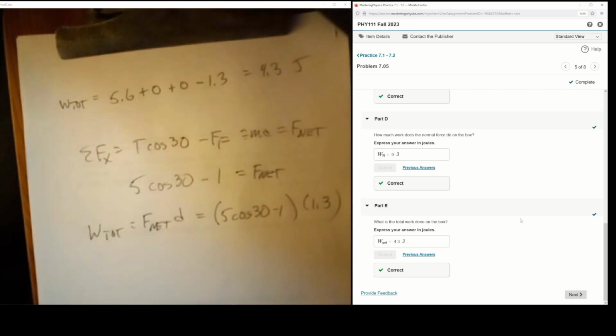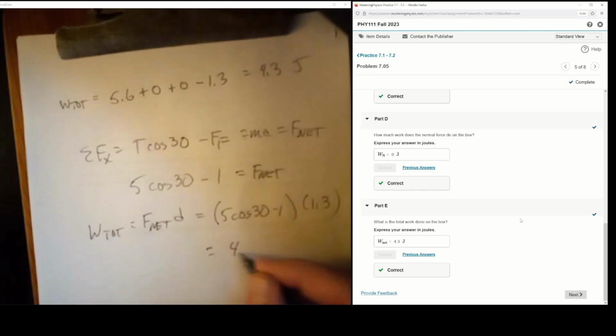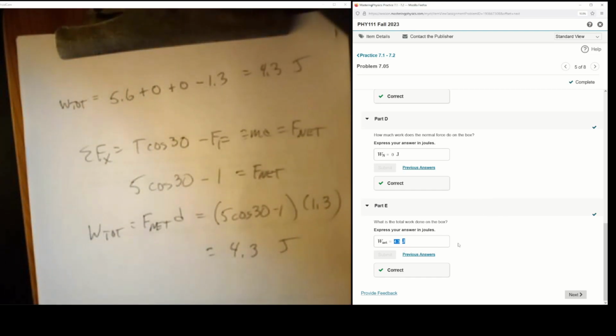I will just punch it into my calculator to check it. It gets 4.3 joules, which is the same answer we got before, and it should be.